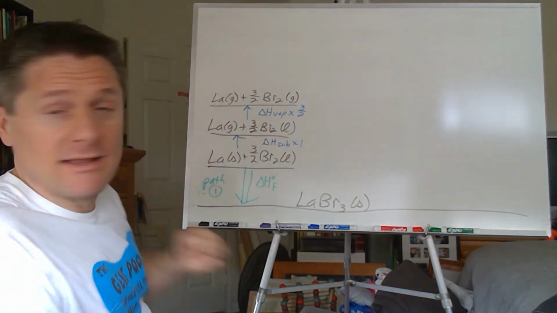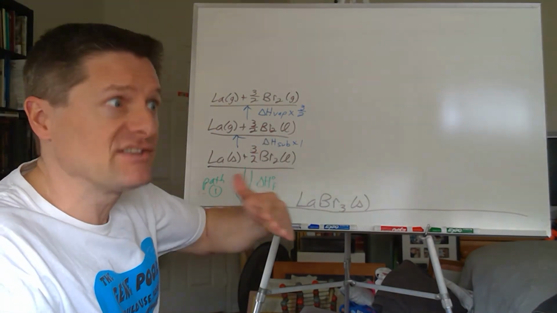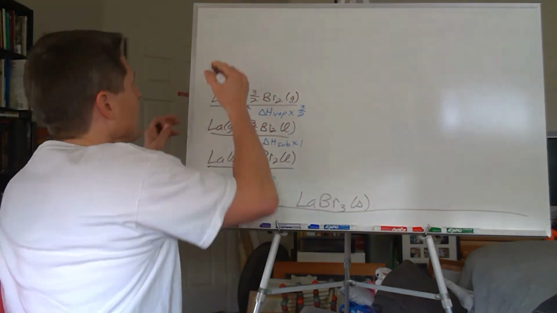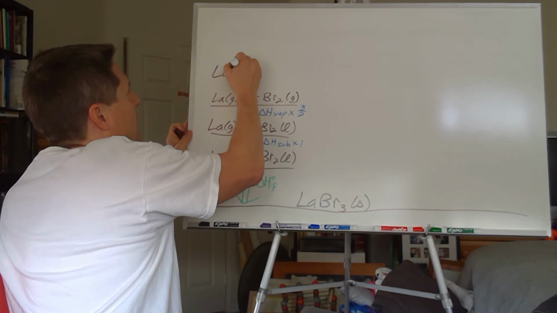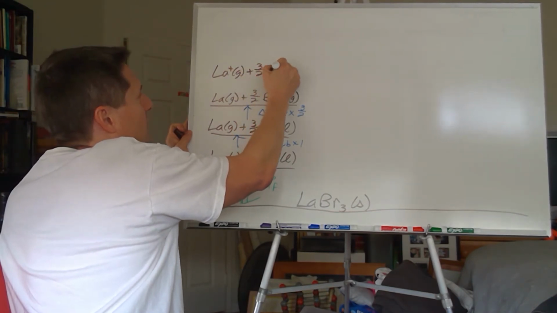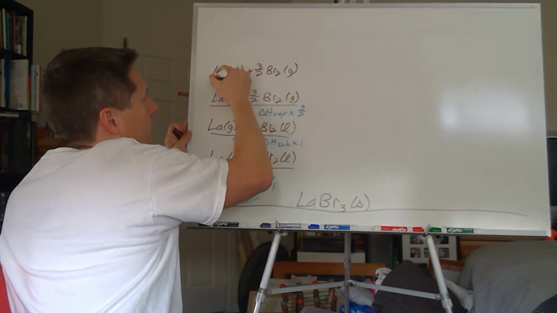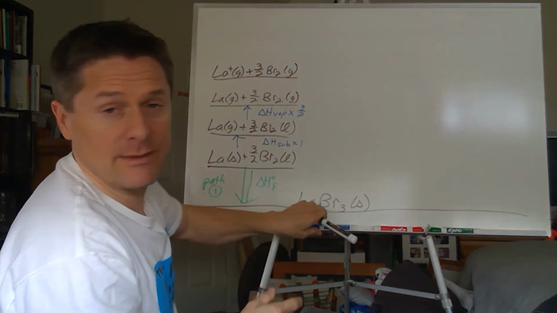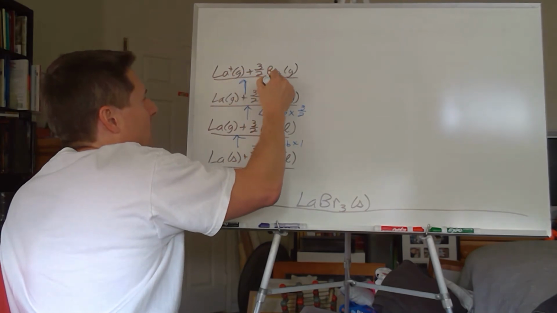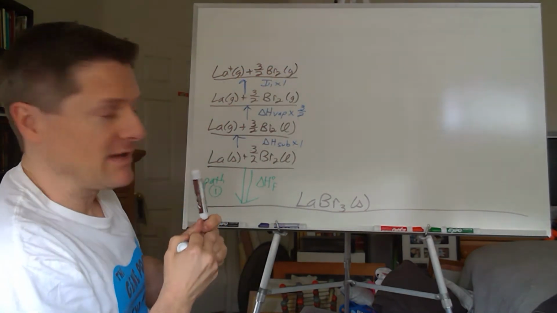Step 2, let's get that lanthanum from neutral to plus 3. We have to do it in 3 steps. Remove 1 electron, then 2, then 3. So let's go to lanthanum plus 1 in the gas phase. Told you this one's going to be a doozer. We're not doing anything with the bromine right now. So that goes up, and that'll be the first ionization energy of lanthanum times 1.